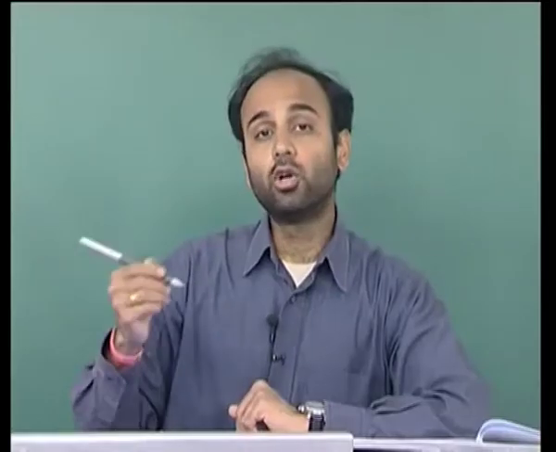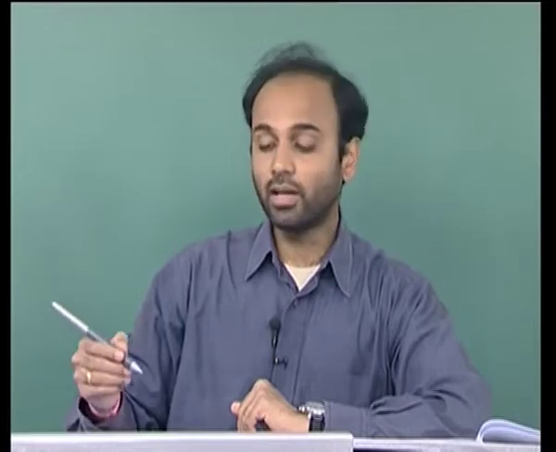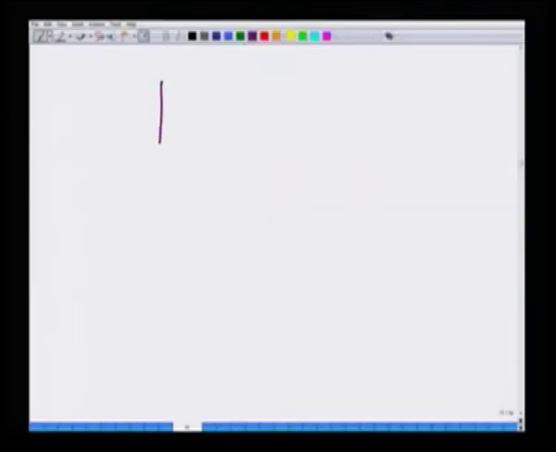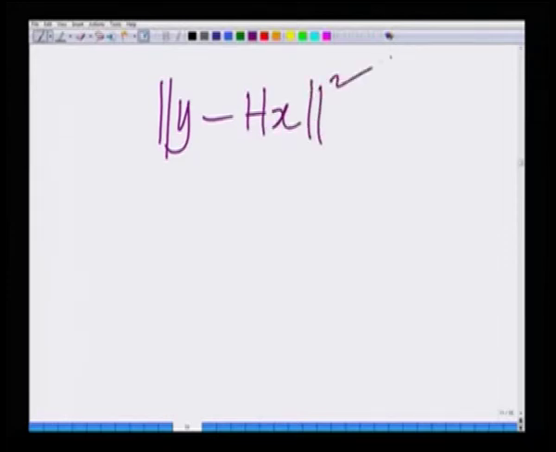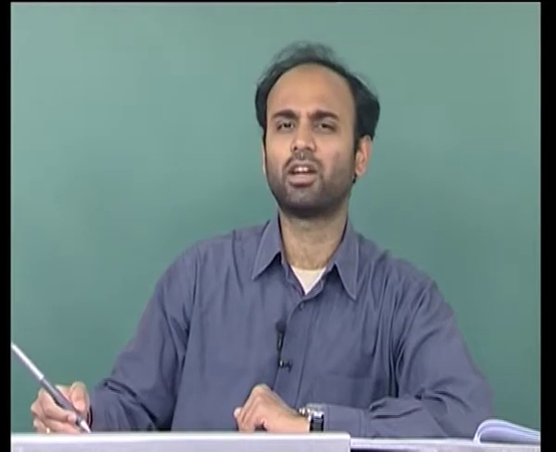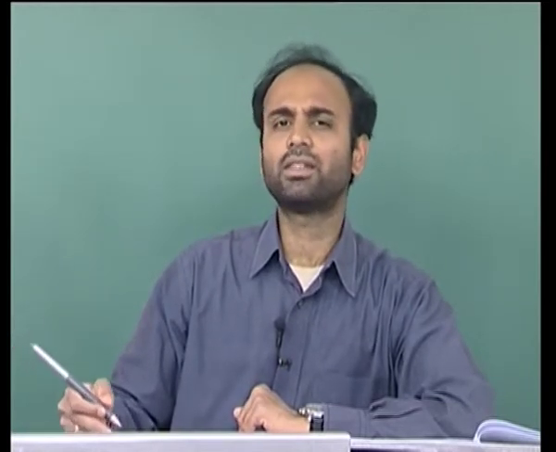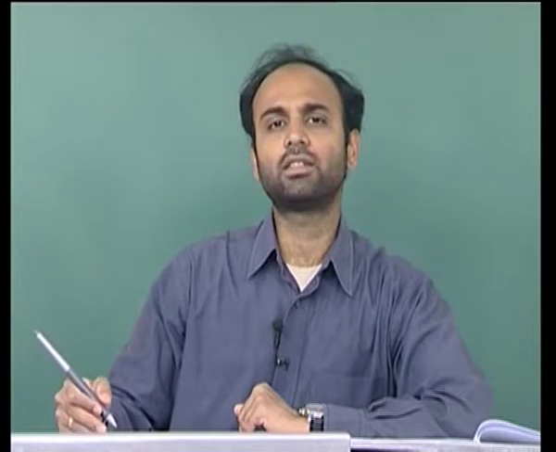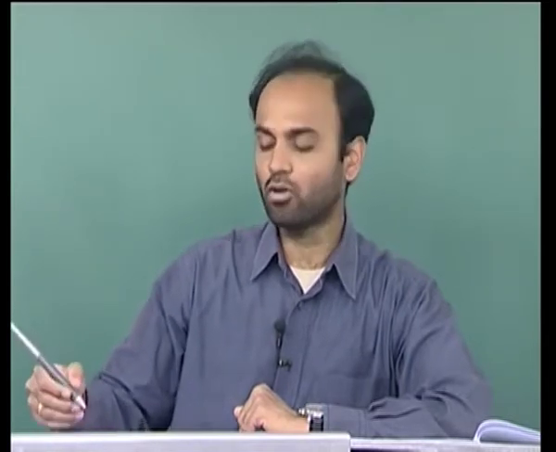Now, let us go back to our original problem of computing the least squares solution. Now, I want to minimize the norm square of y minus h x. This is nothing but, as we have seen many times before, the norm of a vector is nothing but the vector transpose times the vector. Although this can be done for complex numbers, let me simply illustrate this for real matrices, because the complex case is slightly more tricky. Let us take this on faith that this is also valid for complex matrices.